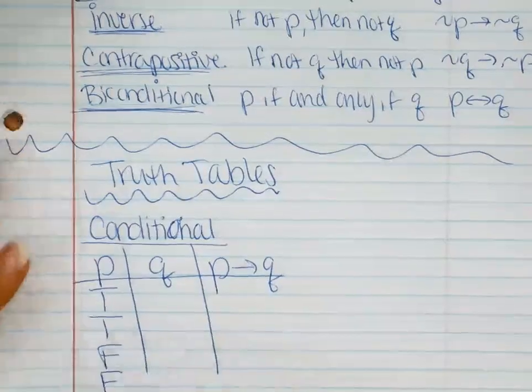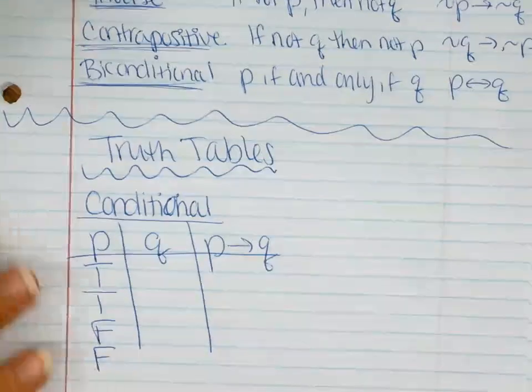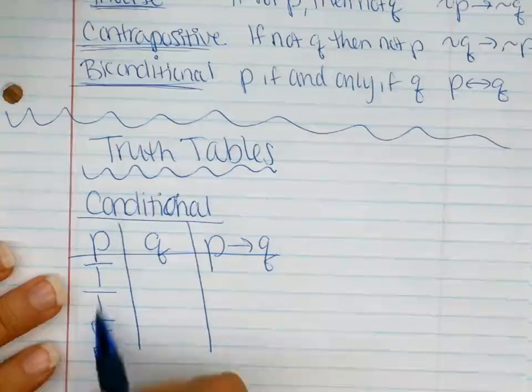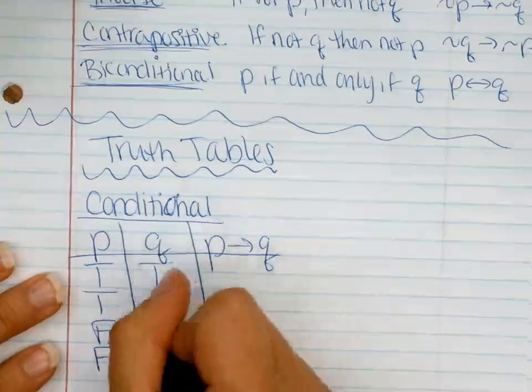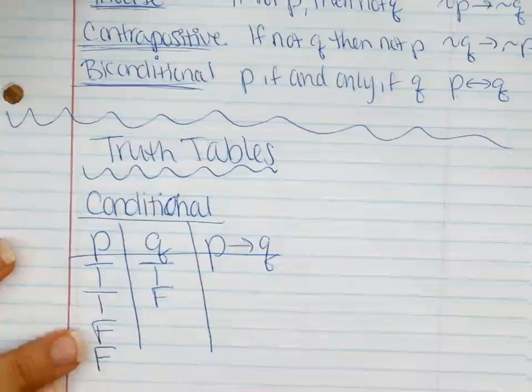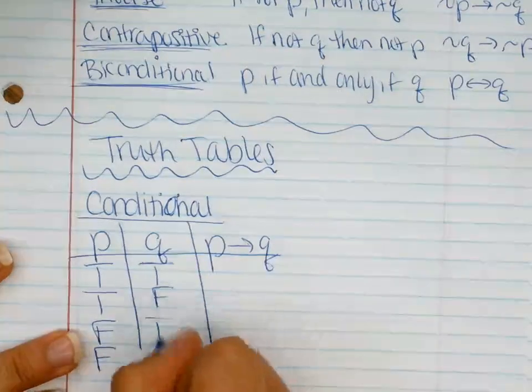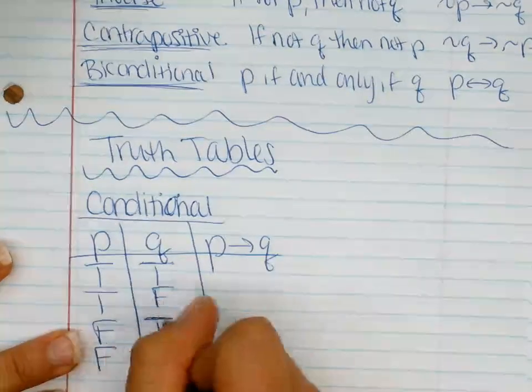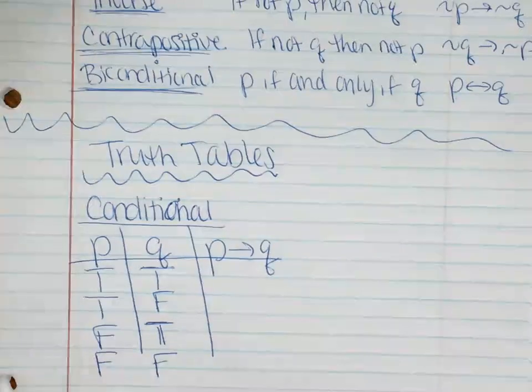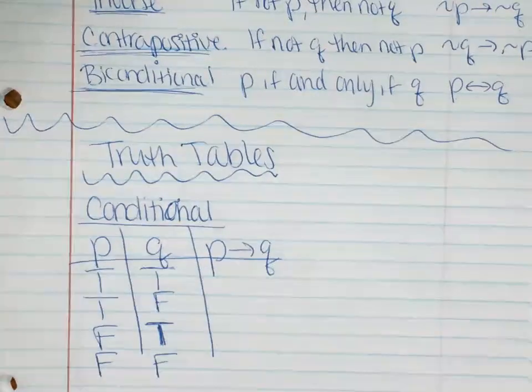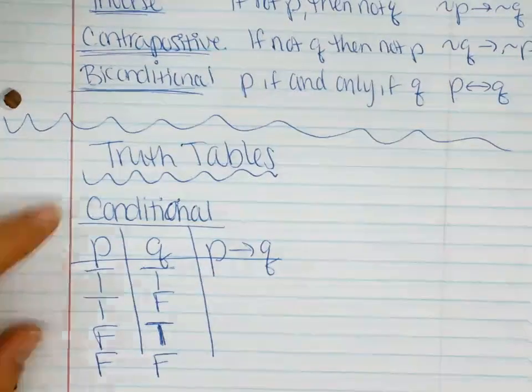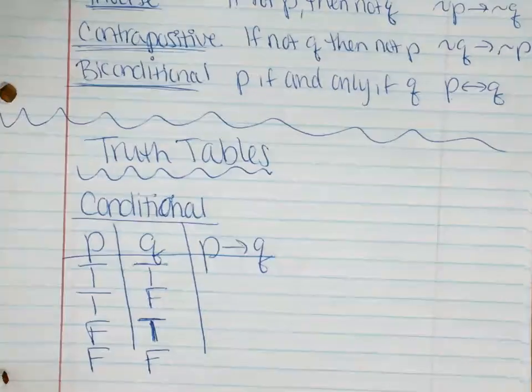So we always start out with true, true, false, false. Because if our P is true, our Q can either be true or false. If our P is false, our Q could either be true or false. And this is the 4 different possible combinations of true and false.